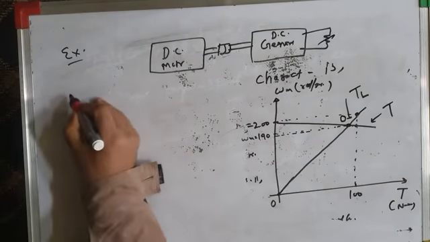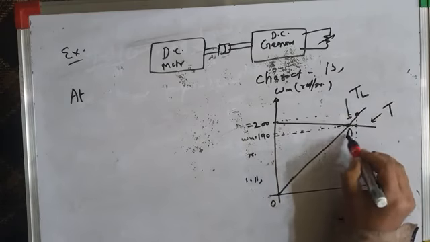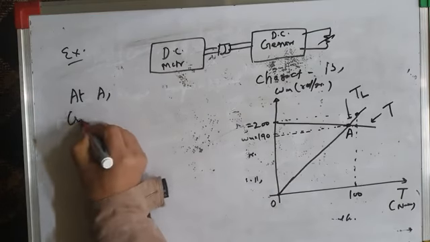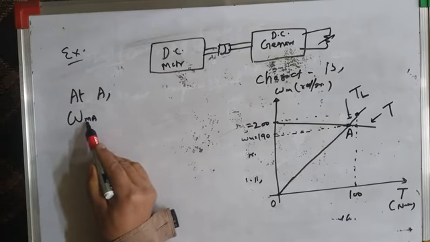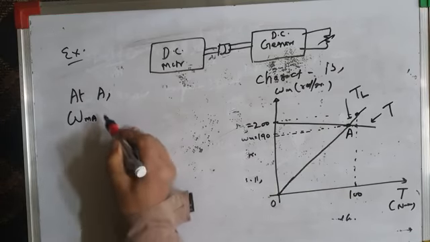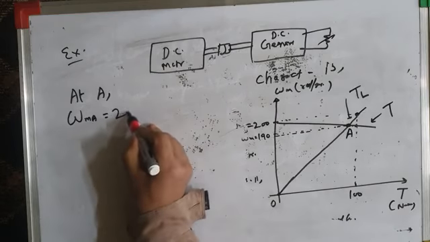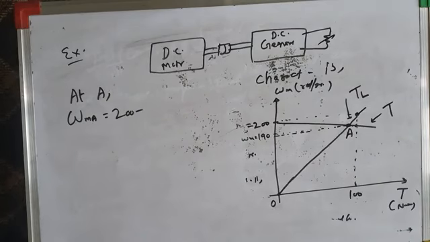At A, the speed of the drive is omega m A, meaning the speed at A. And we already know it is given by 200 minus... what was the equation?